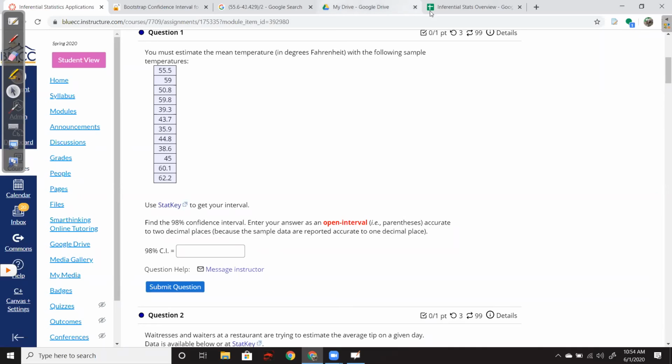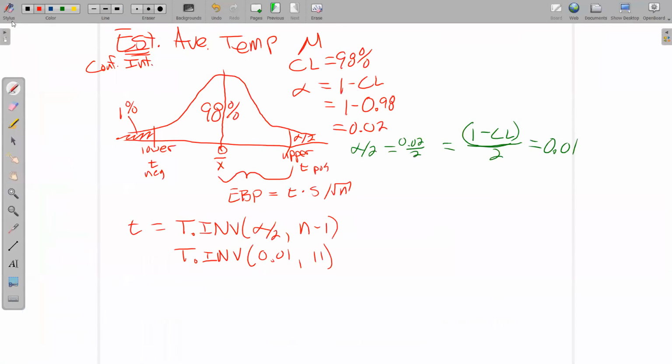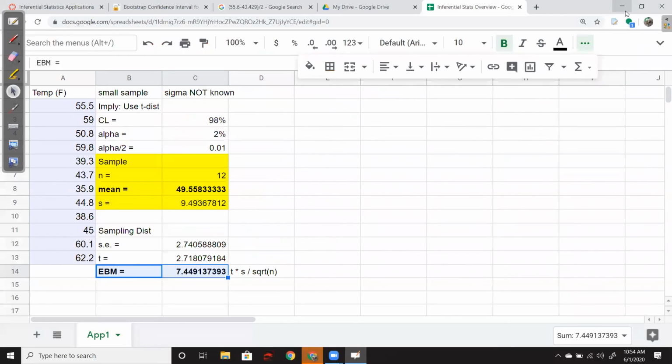All right, so back here, I'm going to report my mean as 49.56. So let's get that in the notes. There we go. So I'm just going to redraw that picture there. .56 is my center, and I now have a margin of error, which is 7.45.